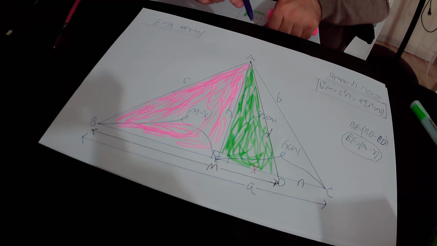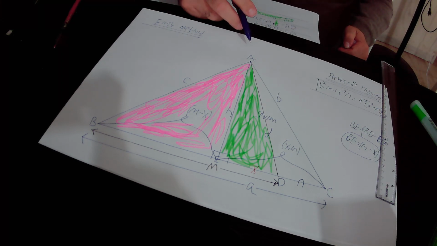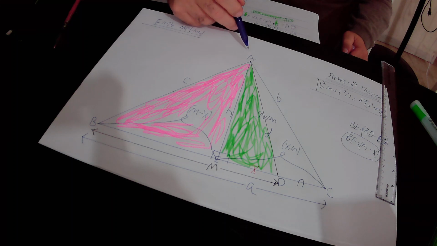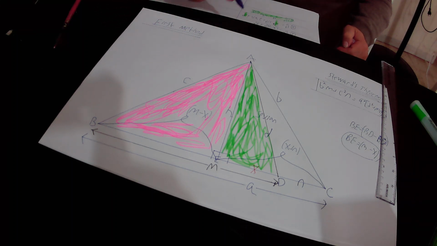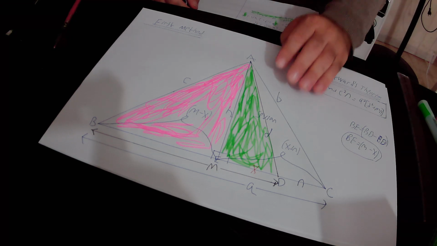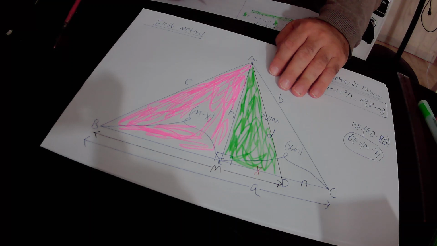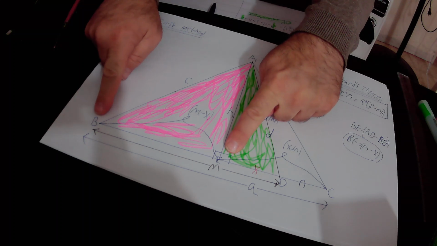The hypotenuse in the right pink triangle is side AB, therefore the square of the hypotenuse is AB squared. And it must be equal to the sum of the squares of the perpendiculars. That is to say, it must be equal to AE squared plus BE squared.